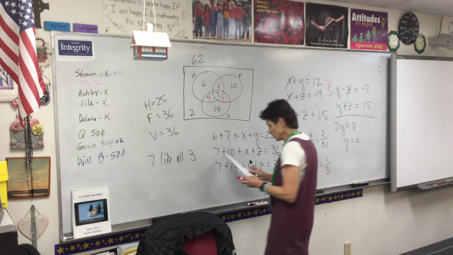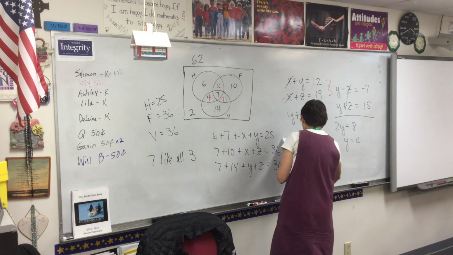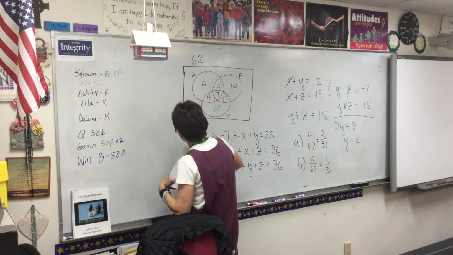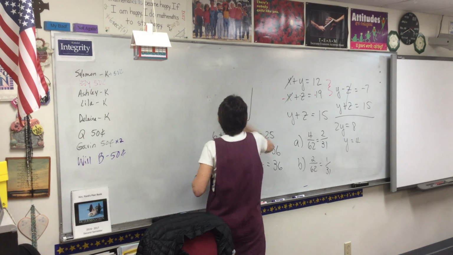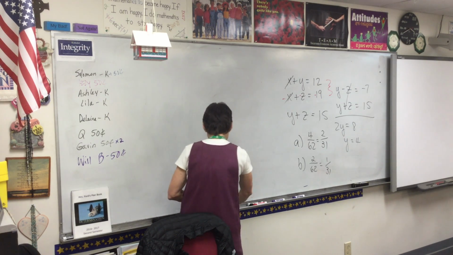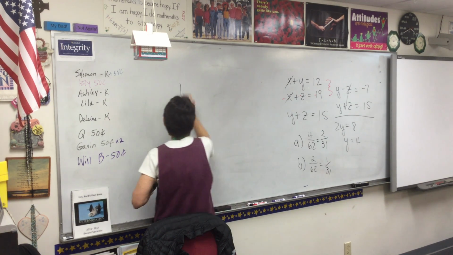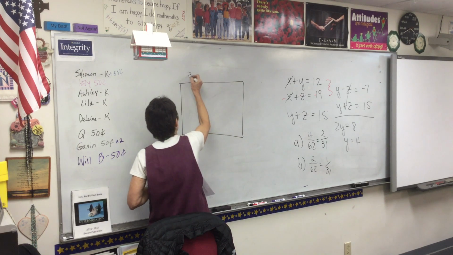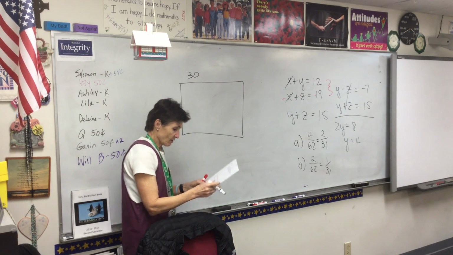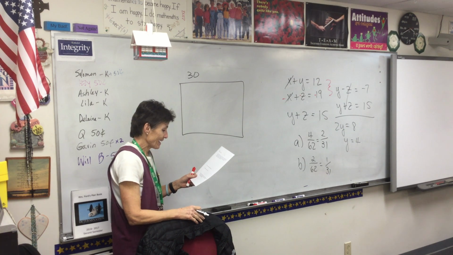All right, number 2. There are 30 students in Mr. Knowles' class. So we have a box of students. There's 30 of them. These kids are loving matrices and vectors.